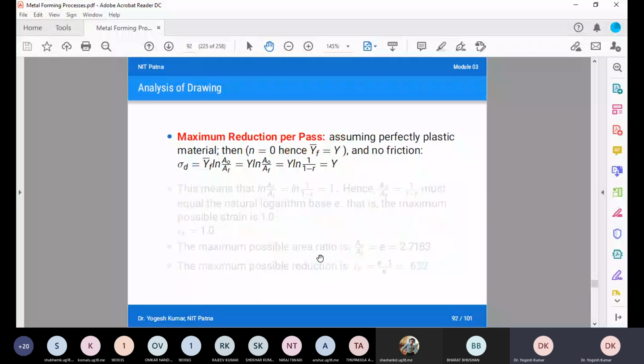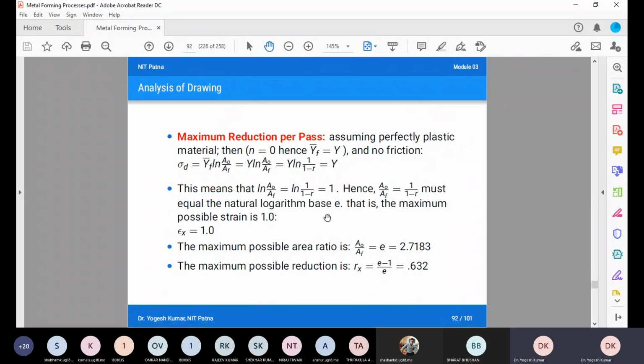There are certain empirical formulas related to your maximum reduction per pass, that which is possible per pass. You can find out the maximum possible per pass using some empirical relation, which are as follows.